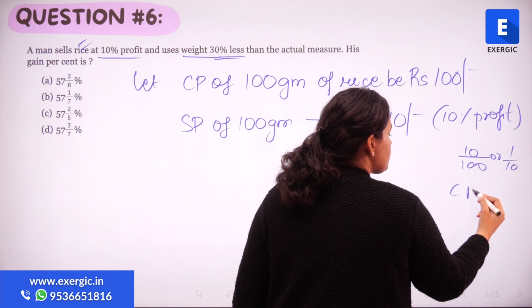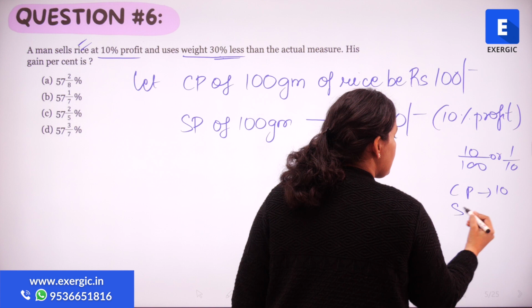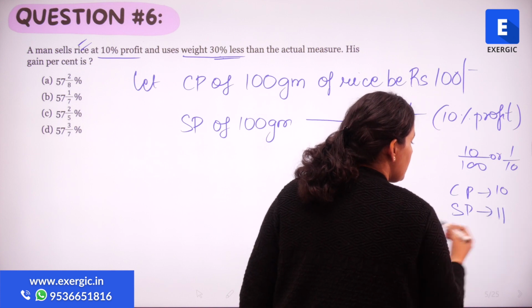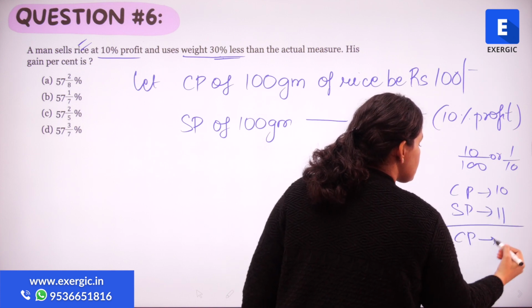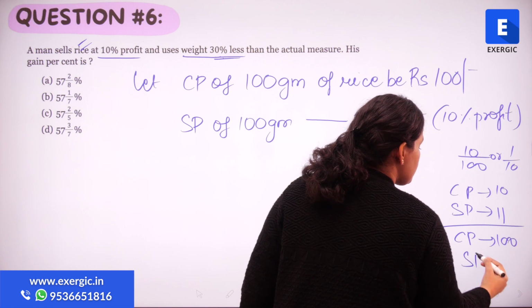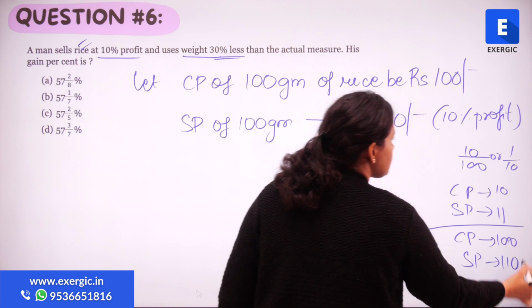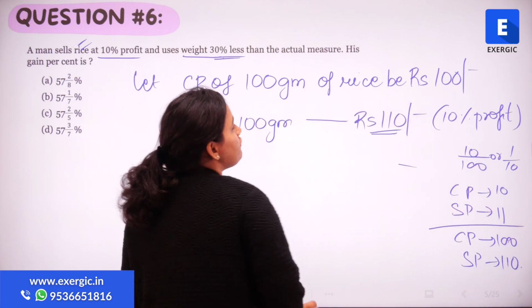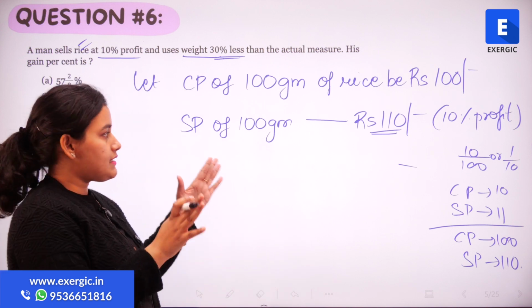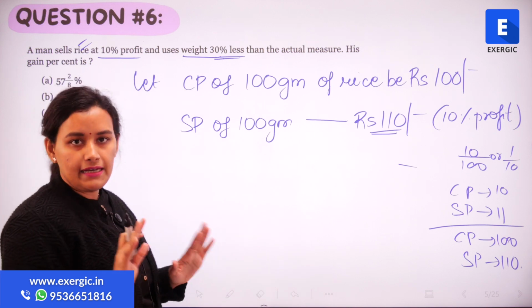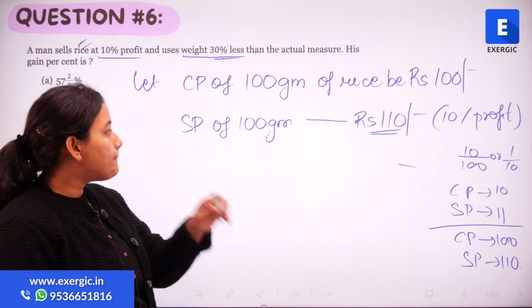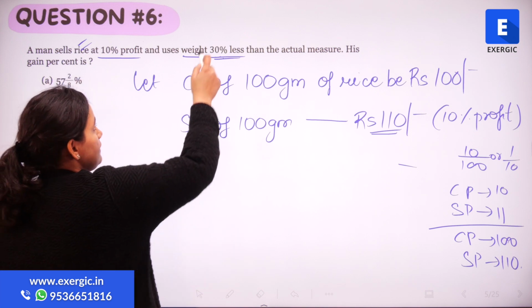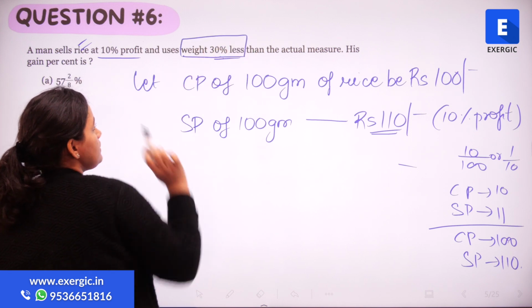So if my cost price is rupees 10, then my selling price is rupees 11. Here the cost price is rupees 100, so my selling price becomes 110. Right? This is how we arrive at this number. So if my cost price is rupees 100, since I am selling at 10% profit, the selling price should be 110. But they have also said that he uses weight 30% less.